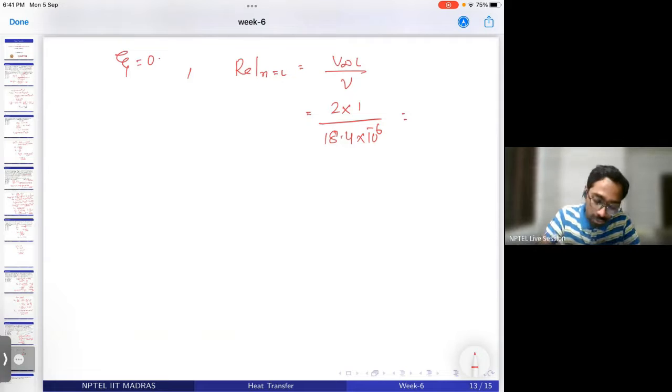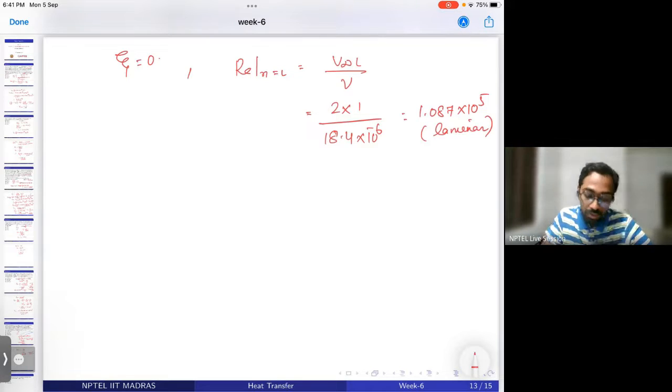So this comes up to 1.087 × 10^5, which is laminar. So we can use the laminar heat transfer expression for the laminar heat transfer coefficient.